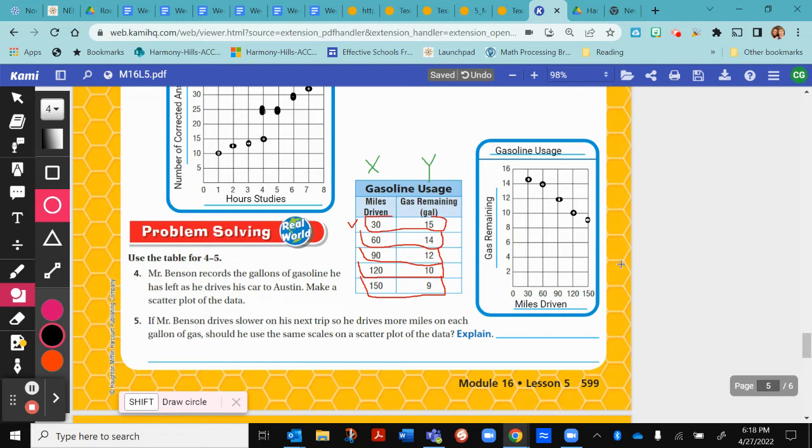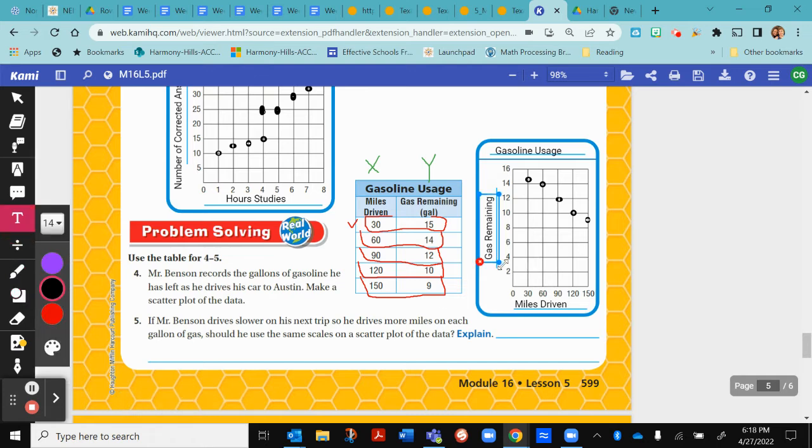All right. If Mr. Benson drives slower on his next trip, so he drives more miles on each gallon of gas, should he use the same scale on a scatter plot? Let's think about that. Should he? Is his gas remaining miles driven?